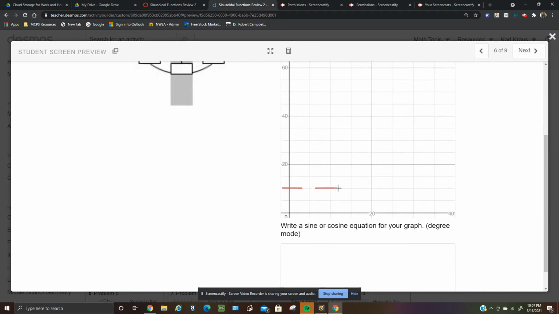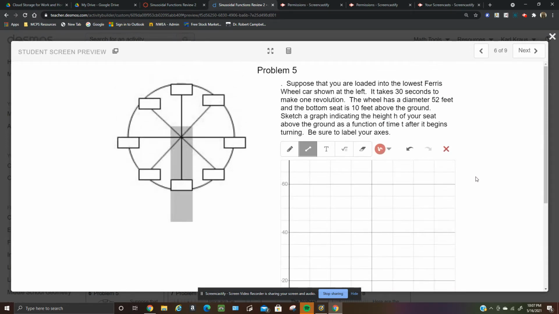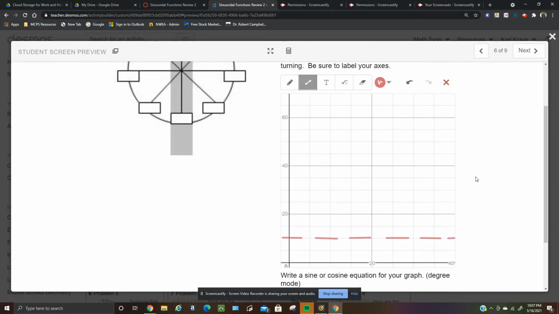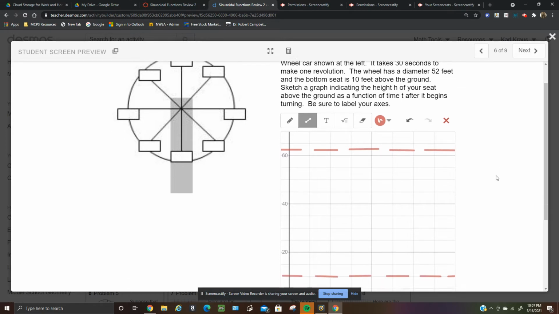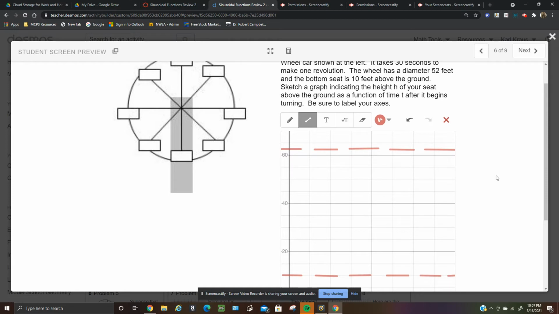So y equal 10, and then add 52 to that would be 62 up here somewhere, and then 62 plus 10 would be 72.